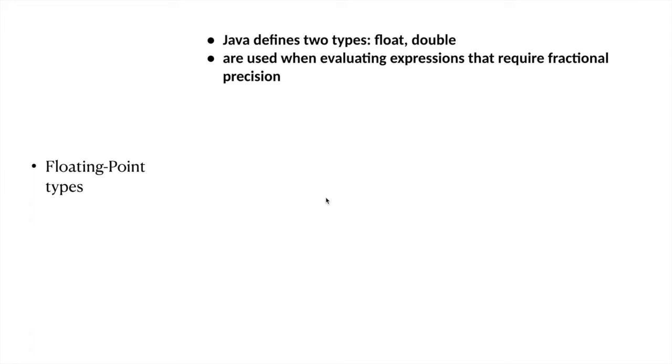The others are floating point data types in Java, and there are two types of floating point data types, the float and double. And as we have discussed, they are used in working with numbers which require fractional precisions.